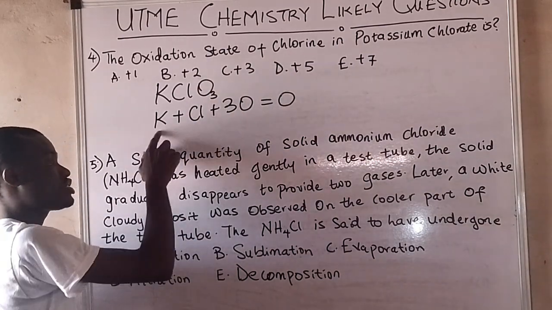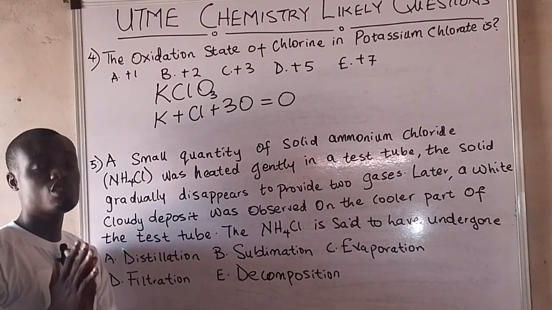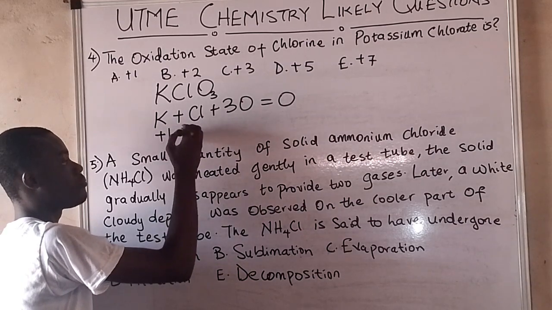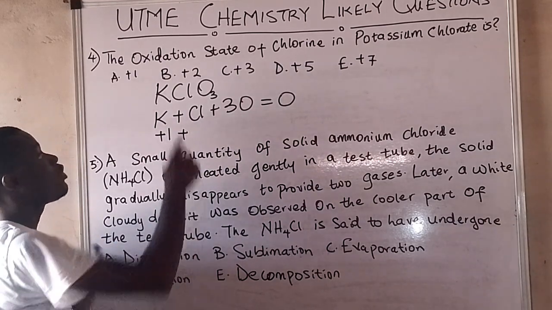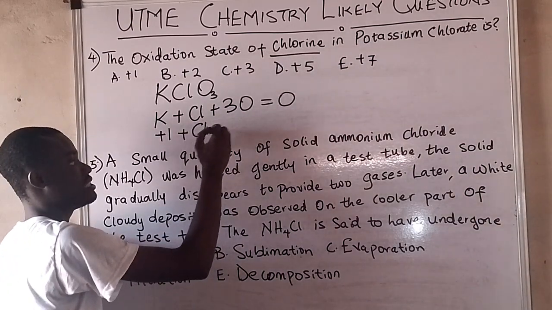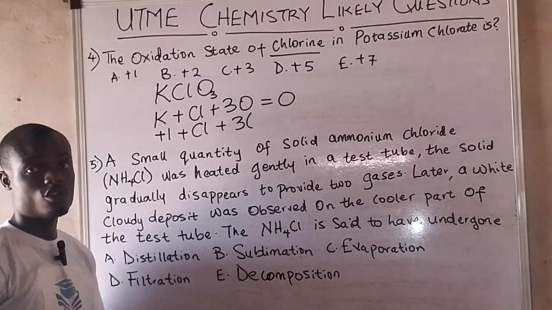Potassium is a group 1 element, and group 1 elements have the oxidation number of +1. So this will become +1 plus, in this question, we are looking for the oxidation number of chlorine. So we don't know what chlorine is, Cl, plus 3 times the oxidation number of oxygen.